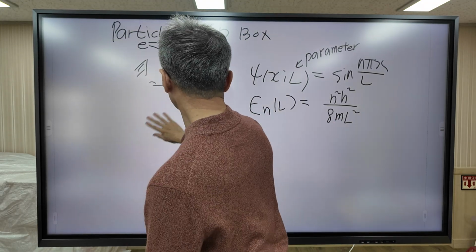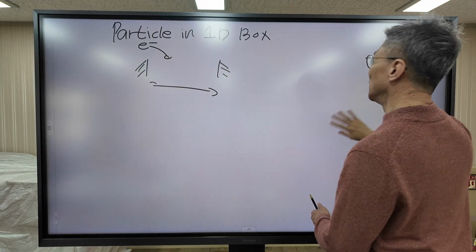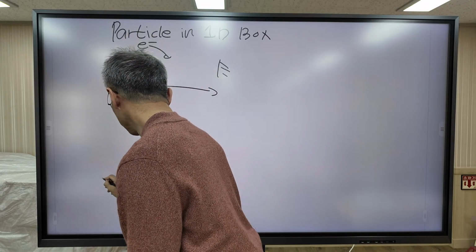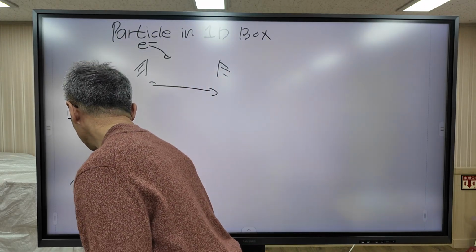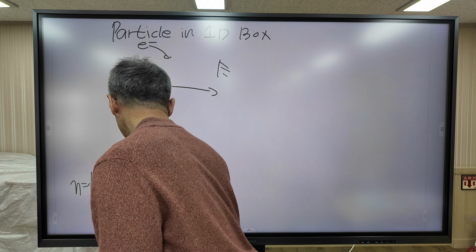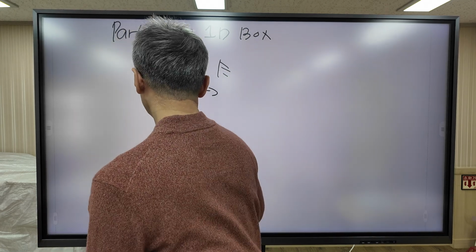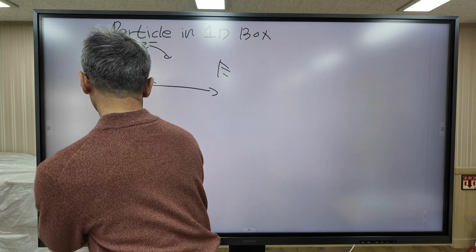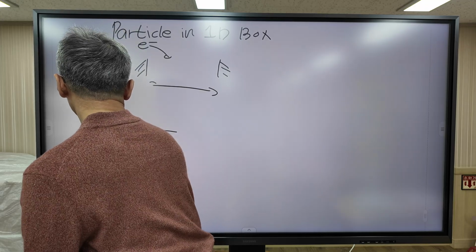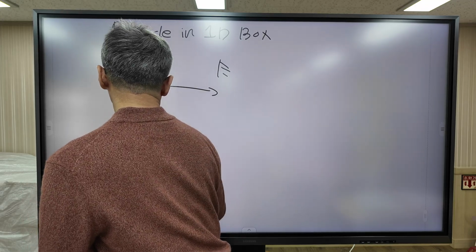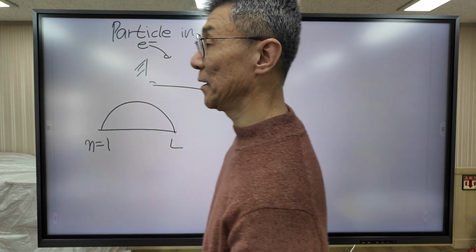Anyway, for a one-dimensional particle in a box, you know the n equals 1 wave function looks like this, right?